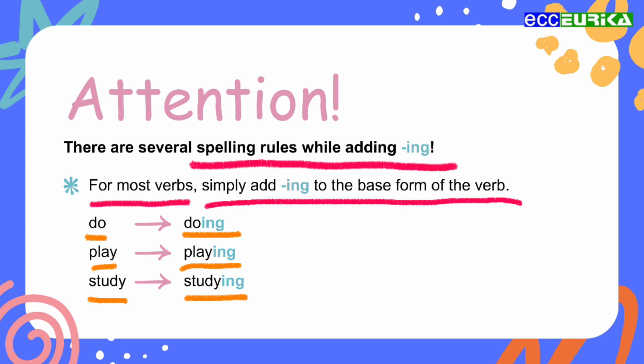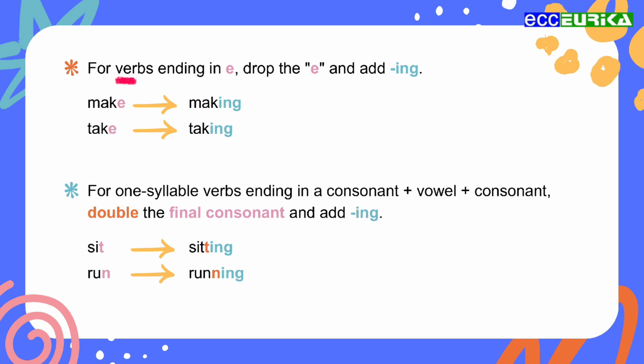Some verbs have special spelling changes. Let's look at them. If the verb ends in E, we drop the E before adding ing. For example, make becomes making. Take becomes taking.